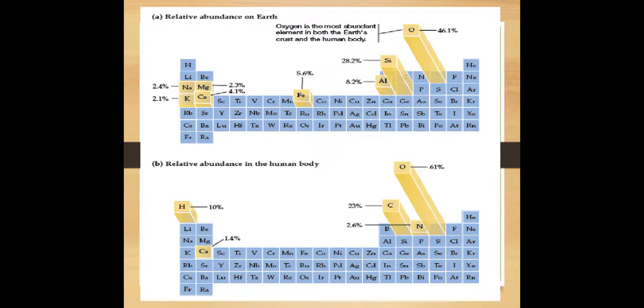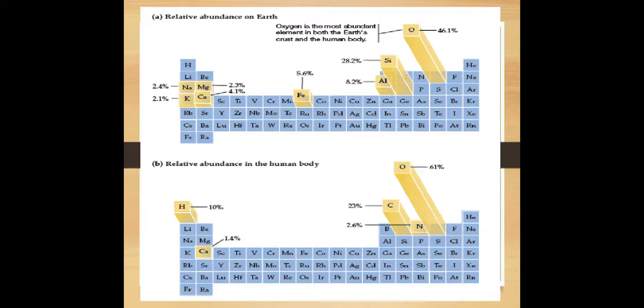And silicon is 28.2%, aluminium is 8.29%, iron is 5.69%, magnesium is 2.39%, and calcium 4.1%, sodium 2.4%, and potassium 2.1%. These are all the relative abundance on Earth.